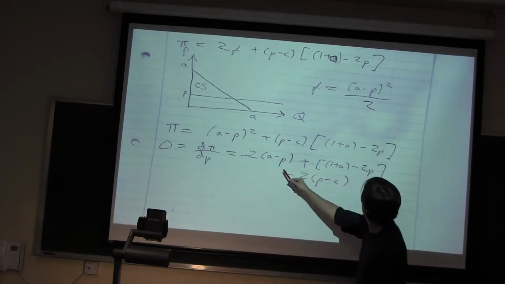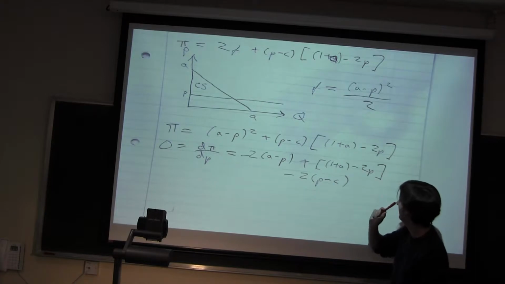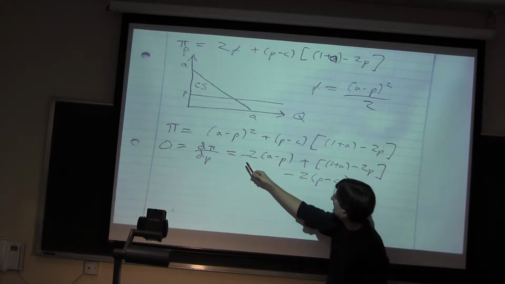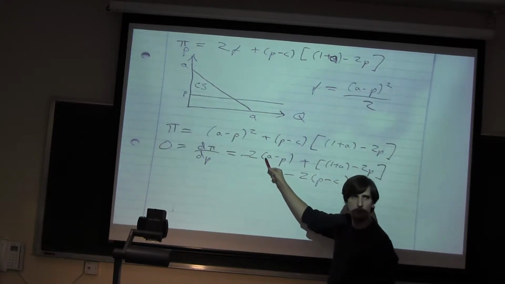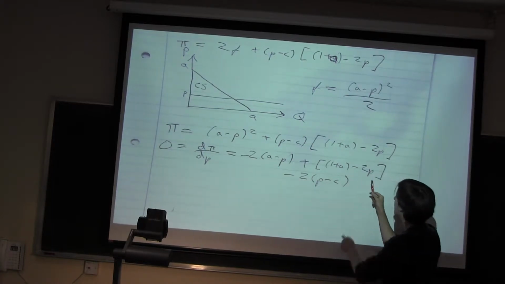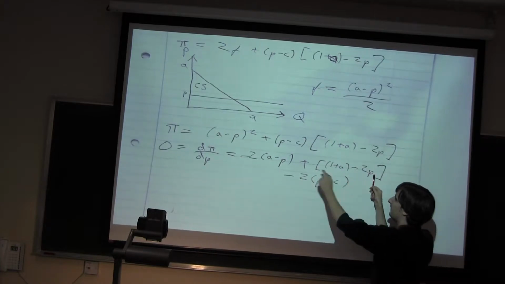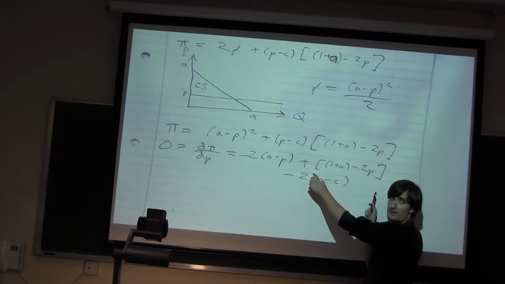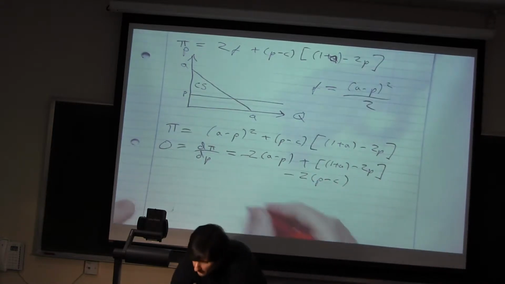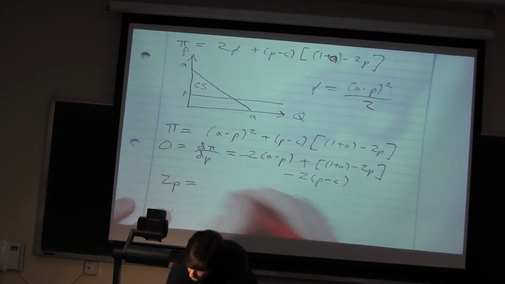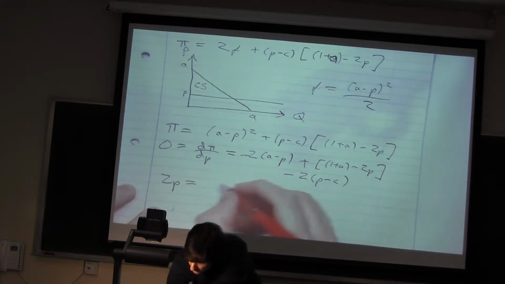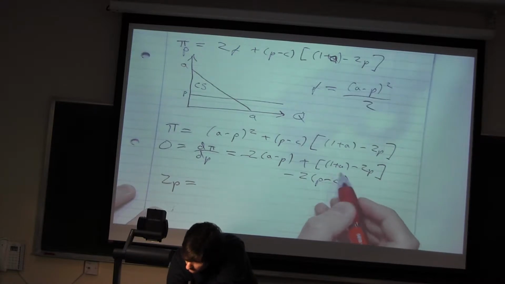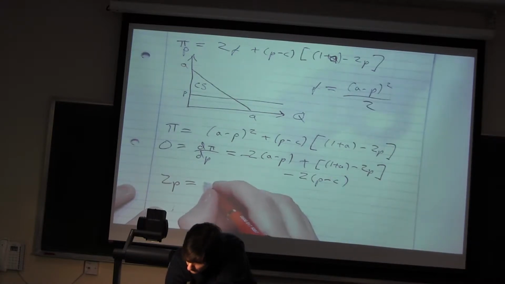So what we've got left is linear in P. Let's get all the P's together. Here we've got minus minus makes a plus, so we've got plus 2P here. We've got minus 2P there, so these are cancelling out, that's good. So we're just left with minus 2P. Put 2P over to the other side, so 2P is equal to everything else. So we've got constants, we've got a 1.